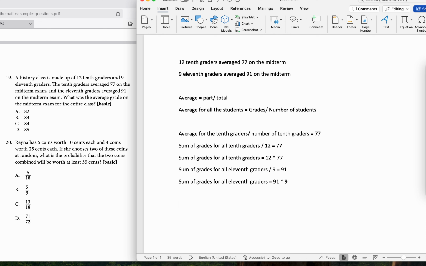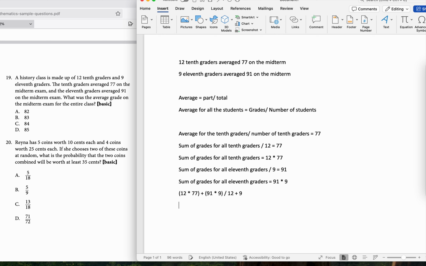I don't really know what that is, but I can represent it as 12 times 77, and I can represent it as 91 times 9. So let's add these grades together, and all of that is divided by the total number of students, so 12 plus 9.